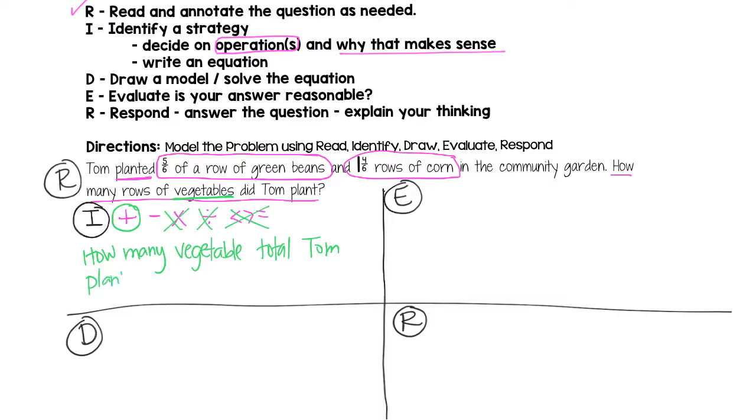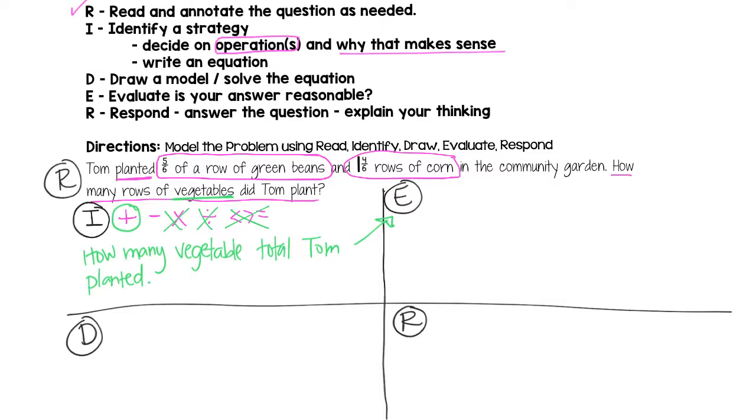And this is going to help us when we get to our evaluate section, because we're going to come up with an answer, and we're going to ask ourselves, is that a reasonable number of vegetables that Tom planted? If it's smaller than these, then that's not reasonable because it's way too small and he already planted this many, so it has to be bigger than both of those numbers.